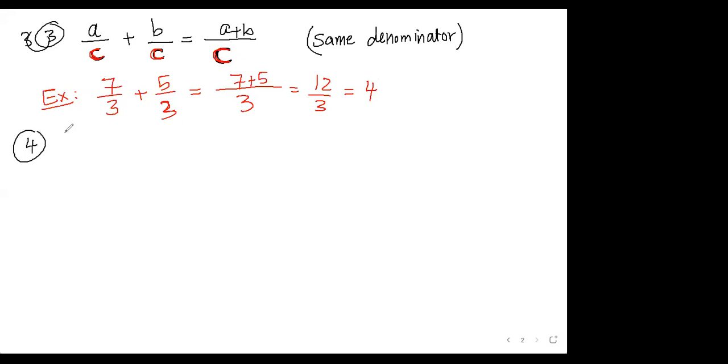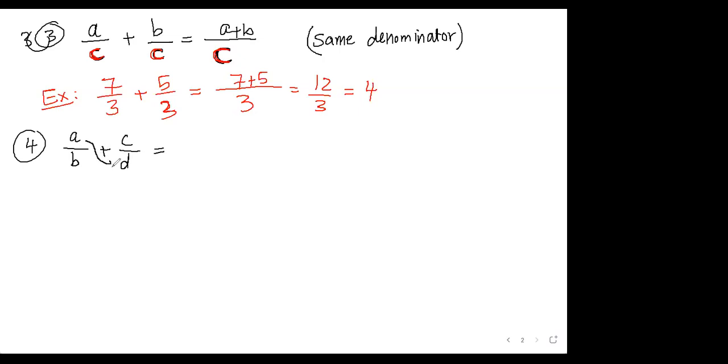Number 4. If I have different denominators, suppose I have A over B plus C over D, and B and D are not equal. So we do cross multiplication.